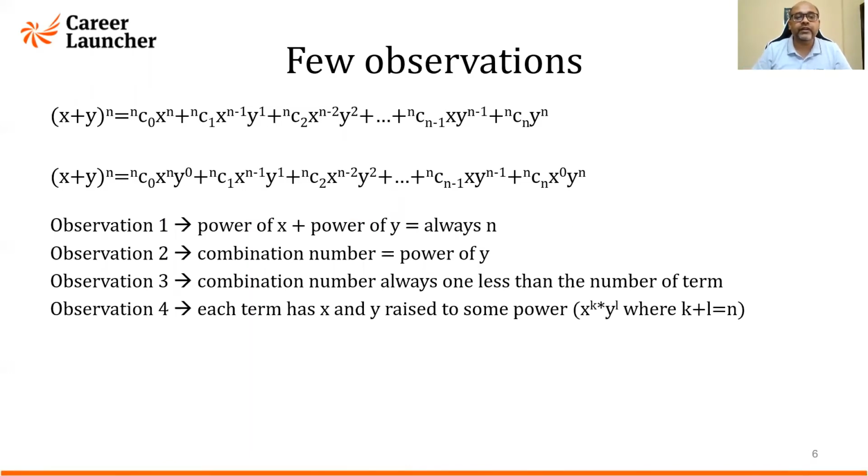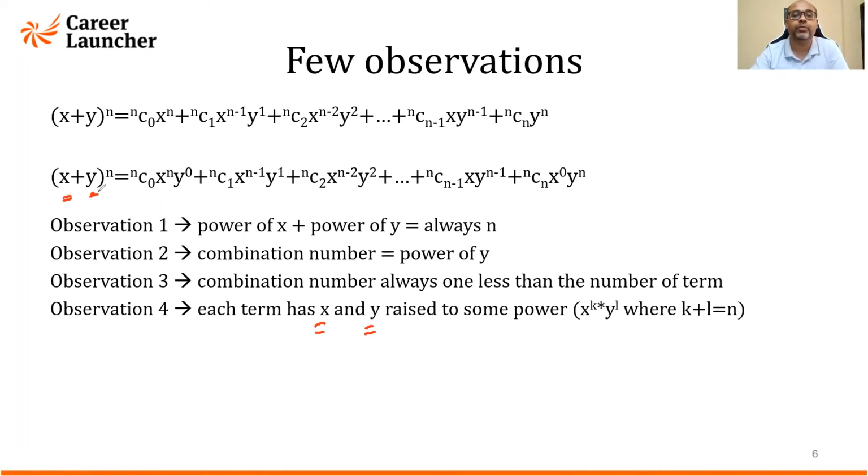Next, if you observe, each term has x and y raised to some power, where the sum of the powers of x and y is always equal to n. This I already mentioned. And the thing you have to keep in mind is every term will have x and y. It can be y to the power of 0. It can be x to the power of 0. But technically it means every term will have both the variables.